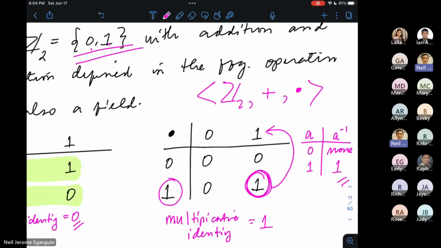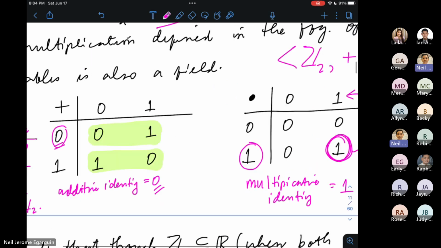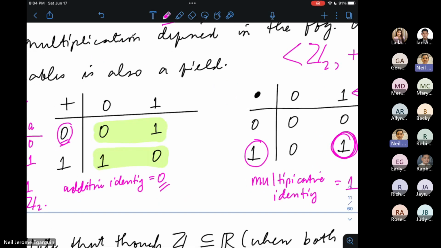That's exactly why Z2 is not a subfield of R. Kasi tama si Raf, yung addition at multiplication na ginamit ko rito ay hindi yung kaparehas na addition at multiplication kay R. Kasi halimbawa, sa real numbers, ang 1 plus 1 ay equal kay 2. Pero dito sa operation kay Z2, ang 1 plus 1 natin ay 0. Alright? So, ibig sabihin, dahil dun sa isang yun lang ba yung pinagkaiba? Yes. Dahil dun sa isang pagbabago dun sa addition na yon, hindi na siya naging subfield.